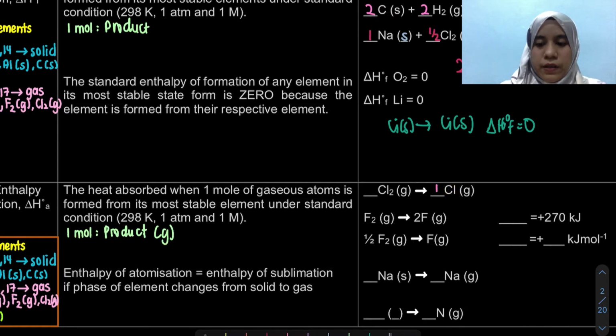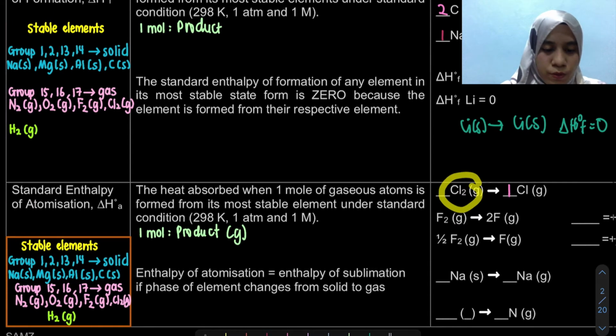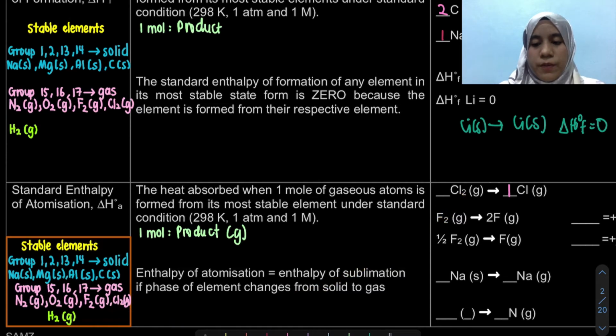But then, from its stable element, the stable element is Cl2. This one. So, that's why dekat sini, Cl2 gas. To make it balance, it will become half. Okay. So for example, kita tengok ini, the product is 2F. So 2F, it means that it is not an enthalpy of atomization.